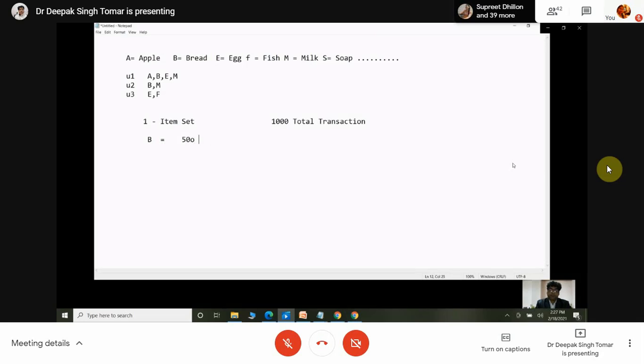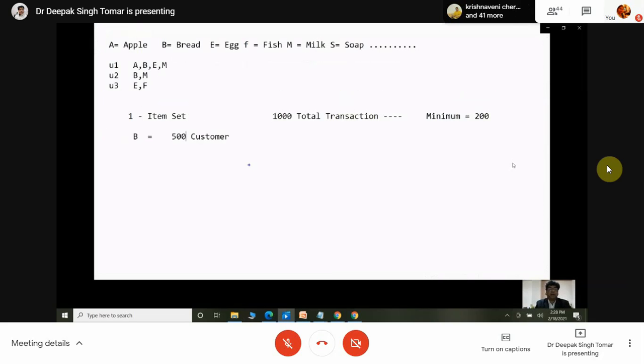And we have defined some minimum threshold value. So say for example, the minimum threshold value is 200. So 500 users buy the bread, so the support is 500.